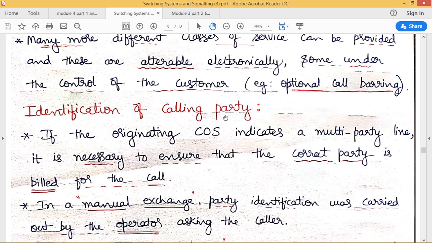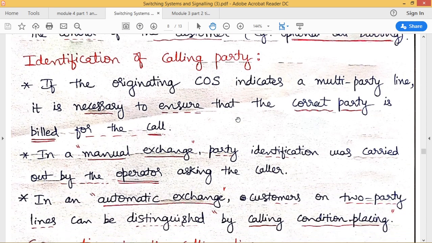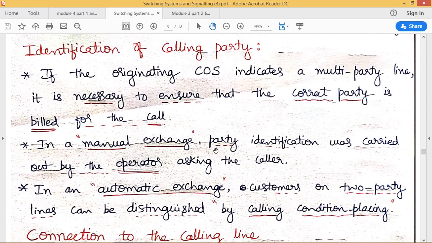So the identification of calling party is required in order to make billing, so that billing is made for the calling party and not for others. To ensure the correct party is billed for the call, identification of calling party should be made by the exchange. In a manual exchange, an operator used to identify who is calling by asking that particular caller.